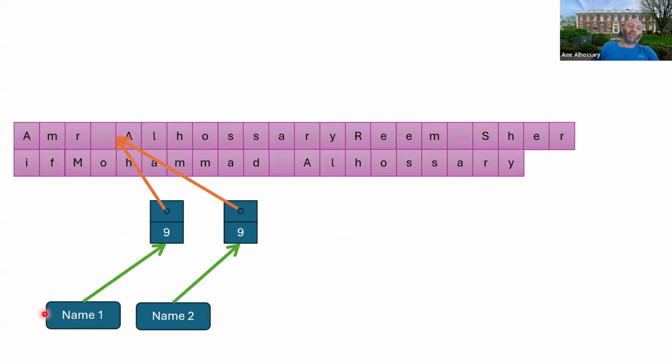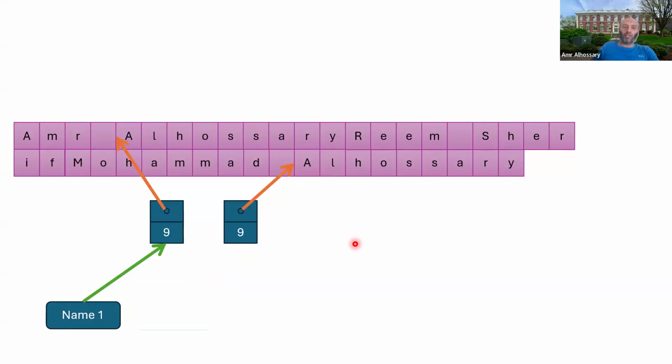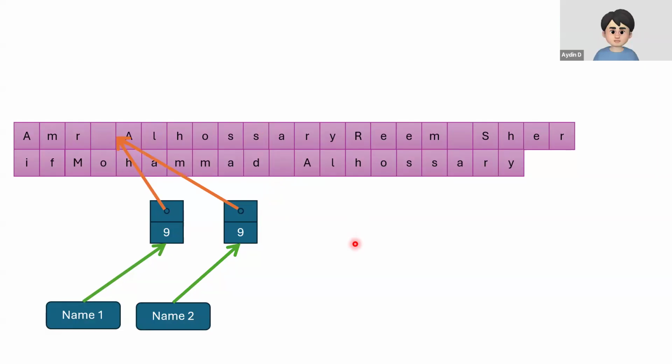So if I have name1 referring to this object and name2 referring to that object, although the data is equivalent, they are not the same object. Even if they refer to the same data, they are still two different objects. Okay? Got it.